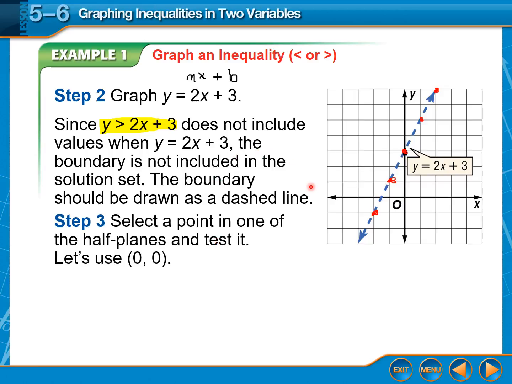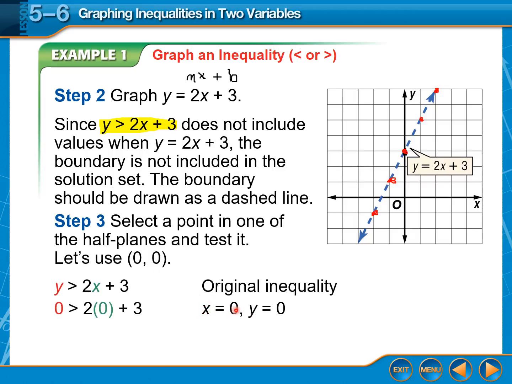So now what we need to do is test which side of the graph is going to be true and which side is going to be false. The easiest point to use is 0, 0. All right, so if 0, 0 is not on the line that you've graphed, I would recommend using 0, 0 as a test point because that's the easiest one to solve. So what do we do? We take the inequality that we have, y is greater than 2x plus 3, and we replace x and y with our test point, 0, 0.